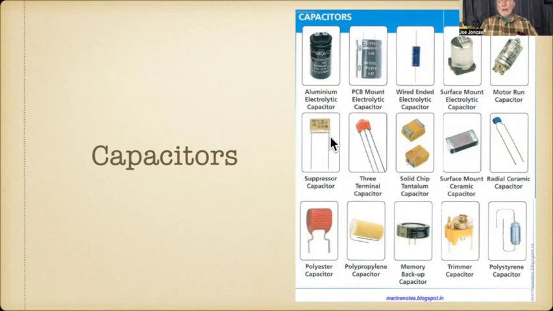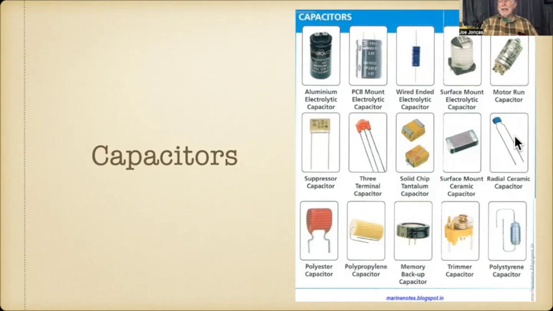Here's a suppressor capacitor. These are used on AC inputs in equipment to keep noise from coming in and out of the receiver or the transceiver. These are chip capacitors. They're little tiny things. If you remember, I showed you last week a chip capacitor and it looked like somebody dropped a piece of pepper on the paper.